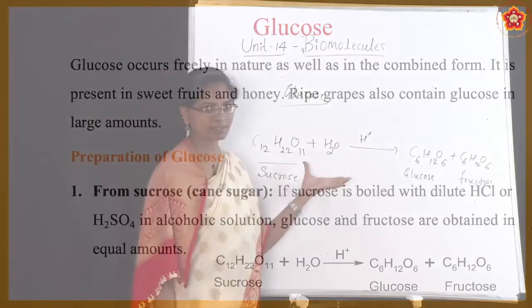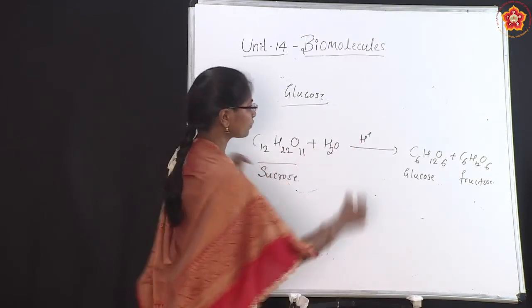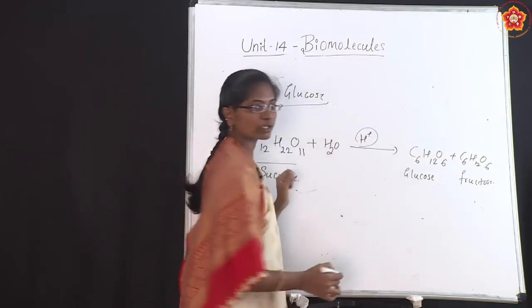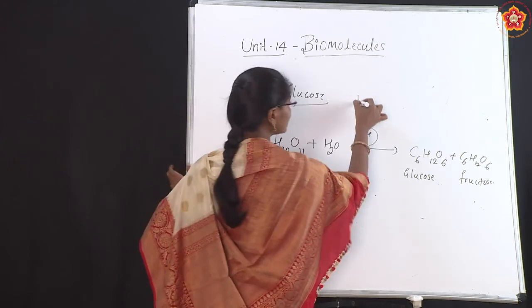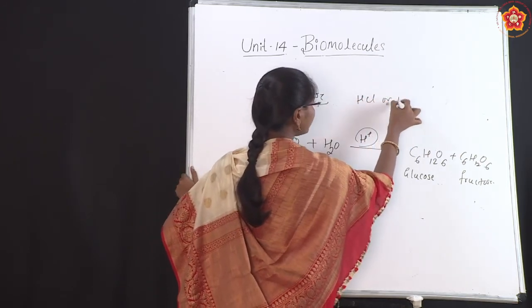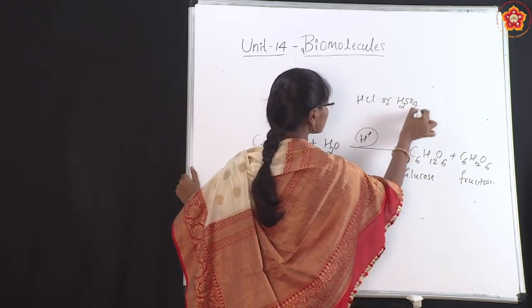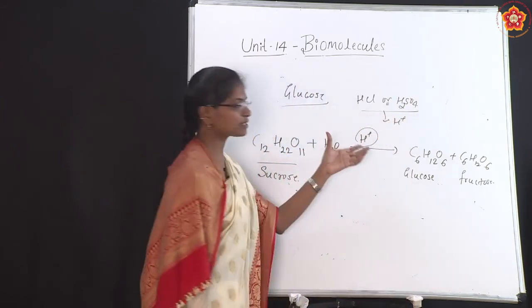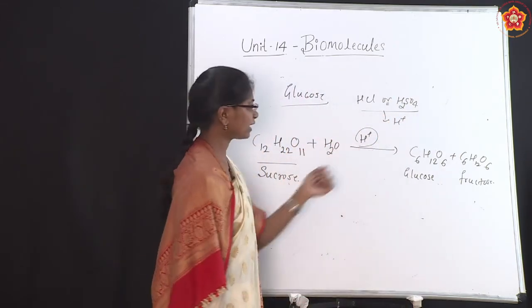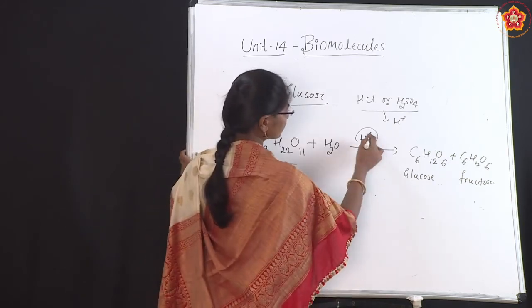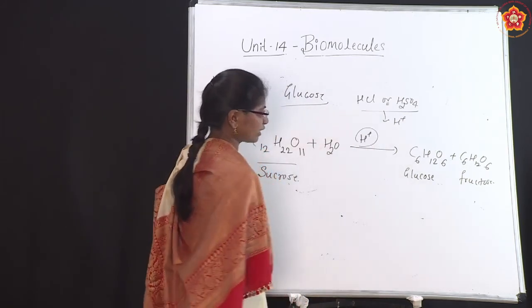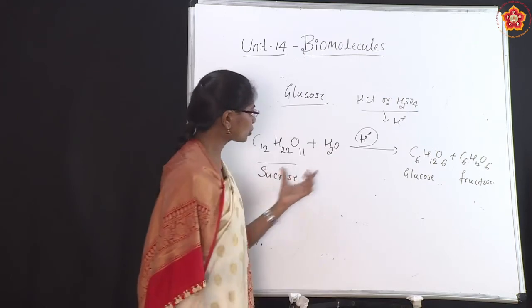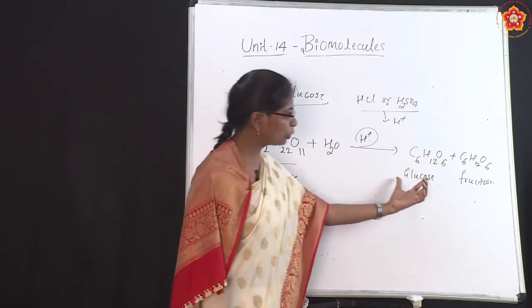Why do we always write H+? If we boil with HCl or H2SO4, we know those easily give protons, H+. H+ always means acid. So when we boil sucrose with acid, HCl or H2SO4, either one, we get glucose and fructose.